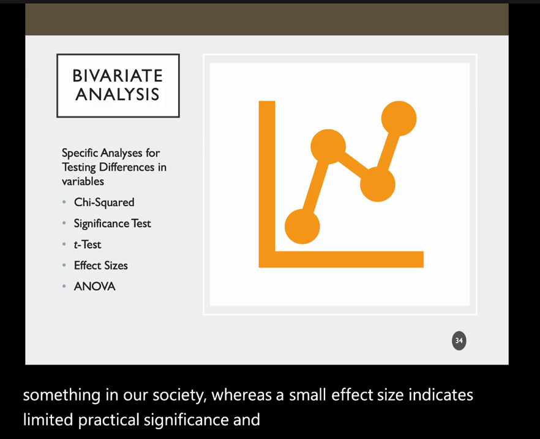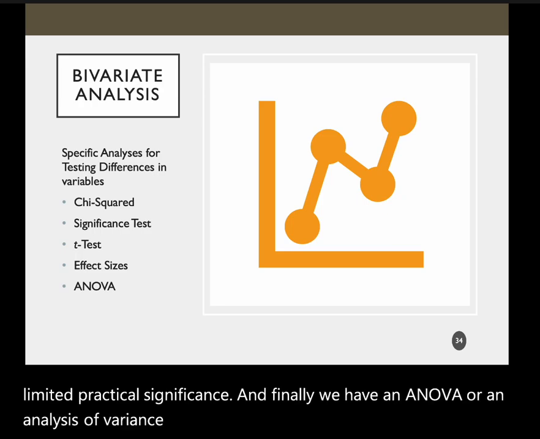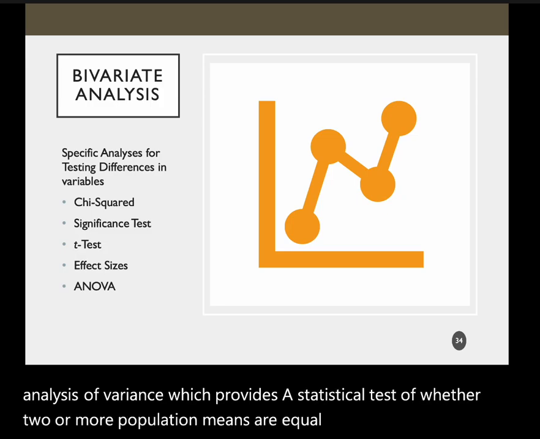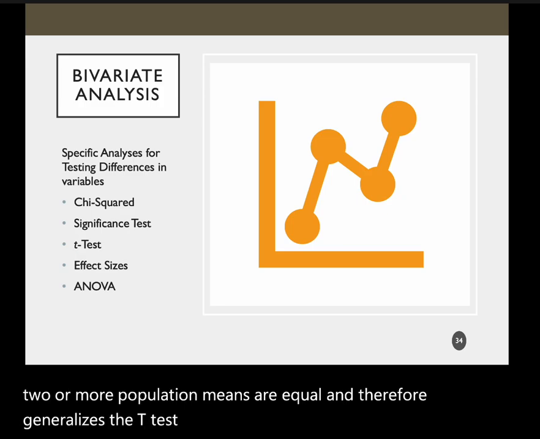And finally, we have an ANOVA or an analysis of variance, which provides a statistical test of whether two or more population means are equal and therefore generalizes the t-test beyond two means.